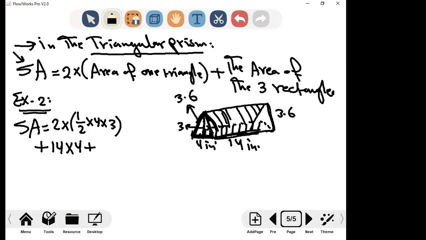It has length 14 and its height, 14 multiply 3.6. Still one rectangle, the one on the back, right? The opposite side. This is the length of it. See it? And this is the same, which is 14 multiply 3.6. Now numbers, multiply, add, do what you want.